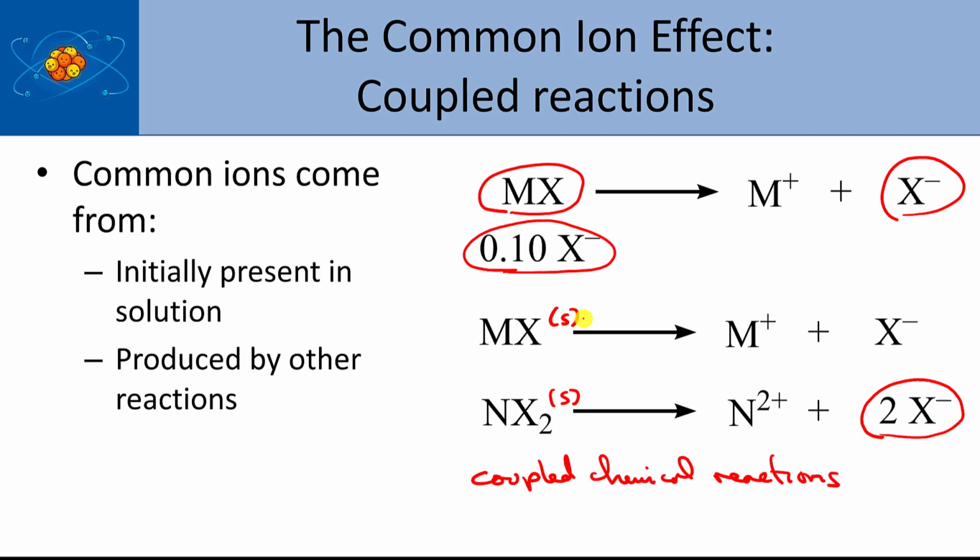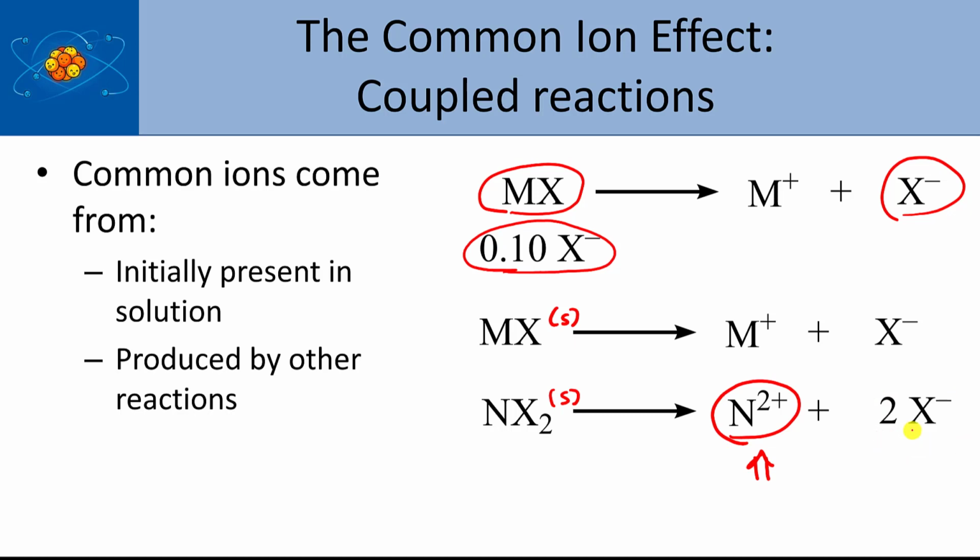But let's say you added some X to the solution, right? So we make this go up like that. What's going to happen? Well, the equilibrium is going to shift to the left, correct? And as a result, this is going to go down.